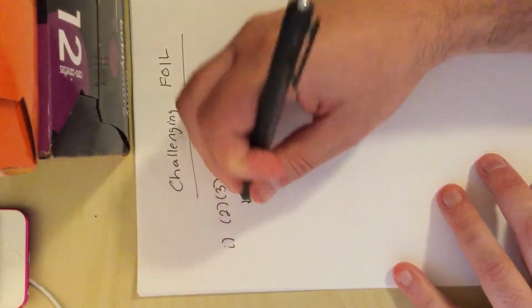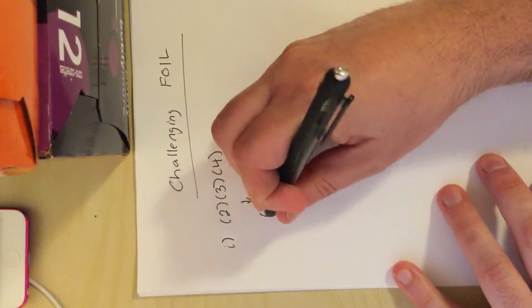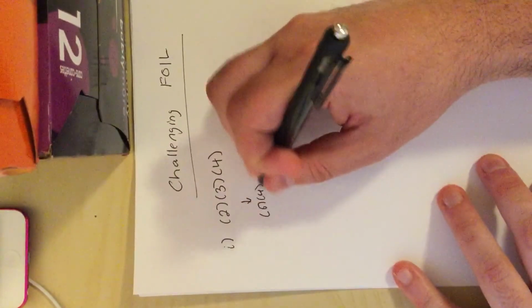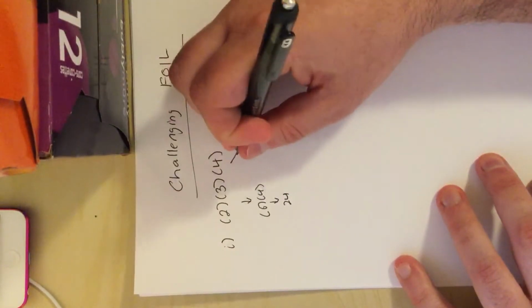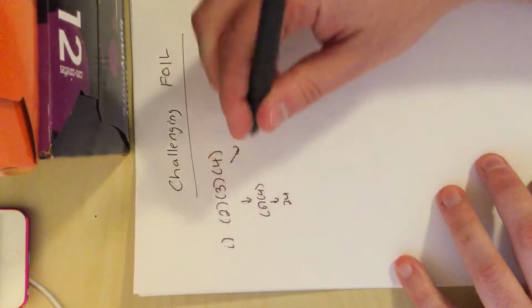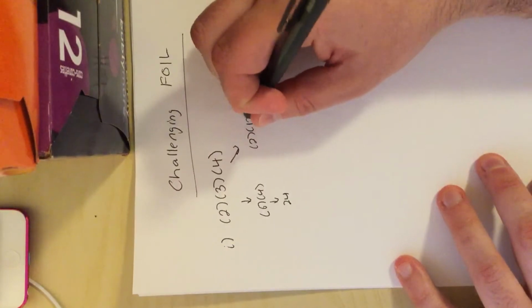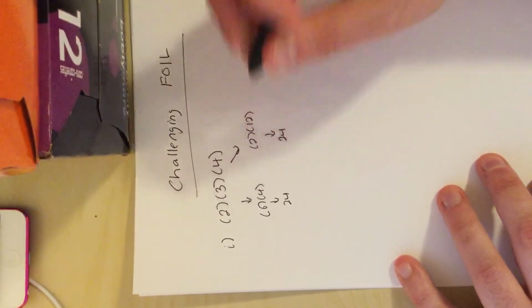So if we have 2 times 3 times 4, how do we figure that out? It turns out you don't really multiply 3 things at once. What we generally do is either multiply the first 2 and then multiply it by the answer, which gives 24. Or maybe we multiply these 2, so we could get 2 times 12, which is 24.